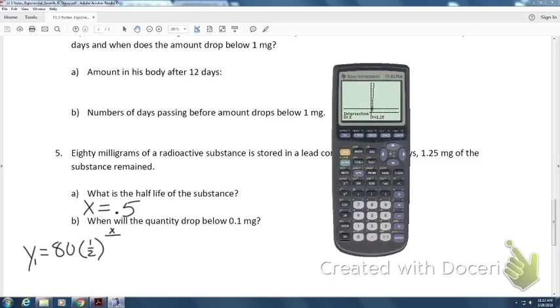X over 0.5. So I put that into y1. Now I can go to the table and scroll down, and you should find that between 4 and 5 days is how long it would take for it to drop below 0.1 milligrams.